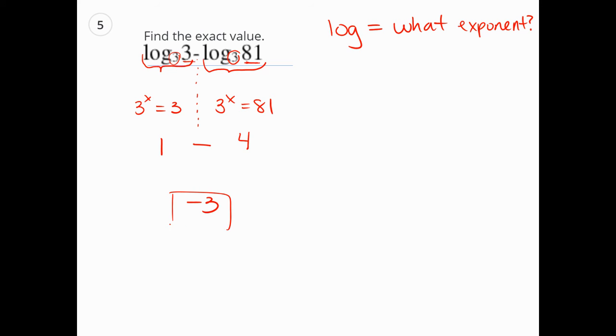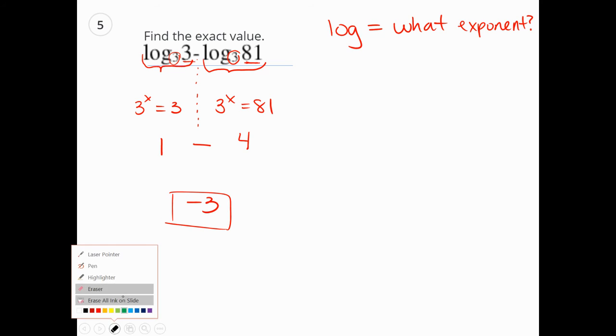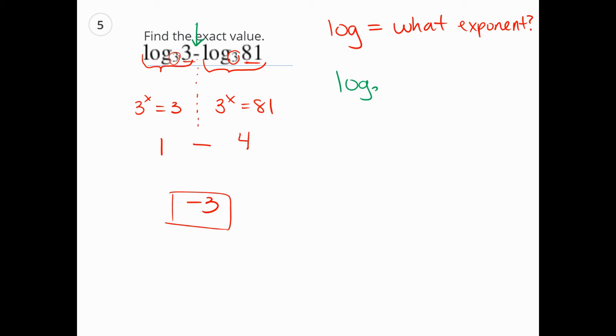So that's the answer. The other way you could do it is you could say, hey, I'm subtracting. I'll do this one in a different color just to make it a little bit easier. You could look at this and say, guess what? I'm subtracting, so I can combine my subtraction into a division problem.